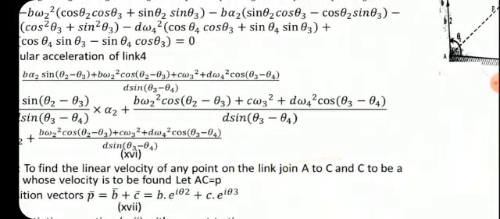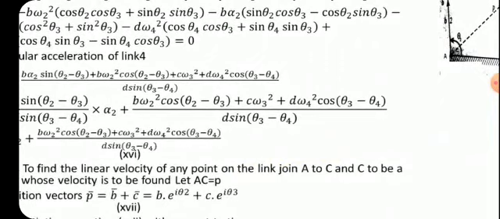b alpha 2 sin theta 2 minus theta 3, b omega 2 square cos theta 2 minus theta 3, c omega 3 square plus d omega 4 square cos theta 3 minus theta 4 divided by d sin theta 3 minus theta 4, that is, b sin theta 2 minus theta 3 divided by d sin theta 3 minus theta 4 into alpha 2, plus b omega 2 square cos theta 2 minus theta 3 plus c omega 3 square plus d omega 4 square cos theta 3 minus theta 4 over d sin theta 3 minus theta 4 is the numerator.